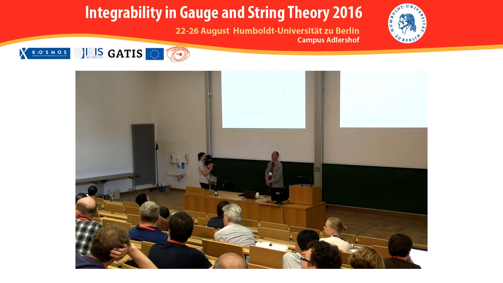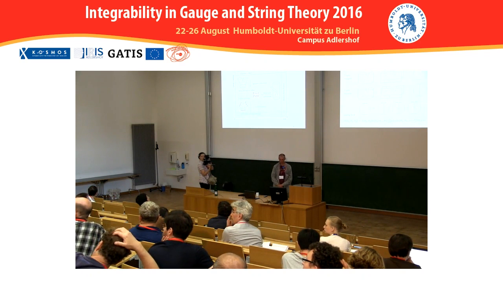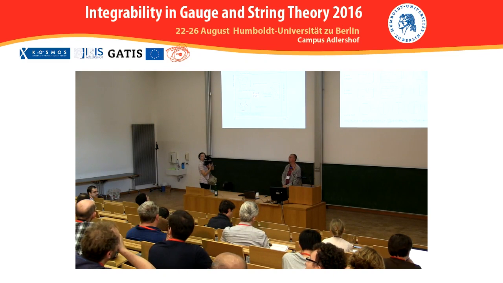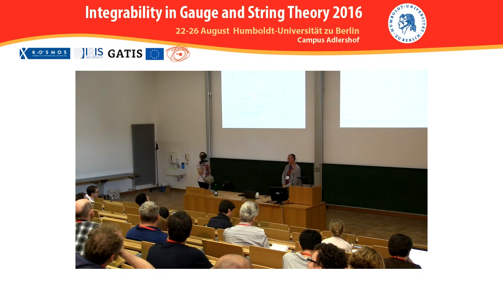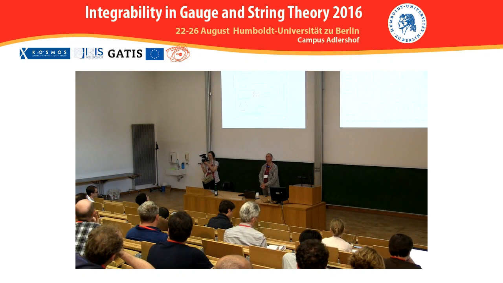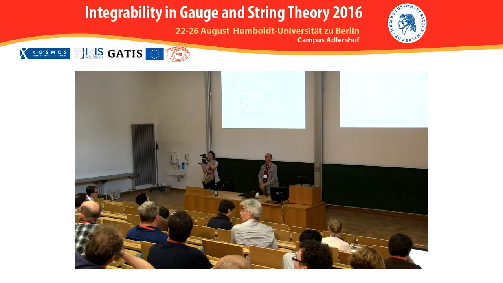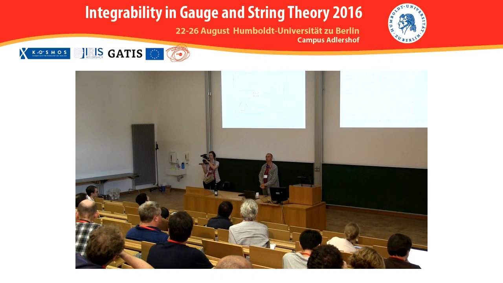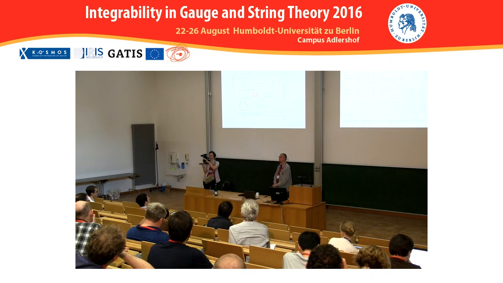Let's see, another question. I think in the old days when people were studying the dual of string theory, there were two attitudes towards the string vertex. Some people were trying to make a connection with the three-point function, but some people were trying to make a connection with the matrix elements of the non-planar dilatation operator. Have we ever tried to compare the string theory vertex you obtained with the non-planar dilatation operator?